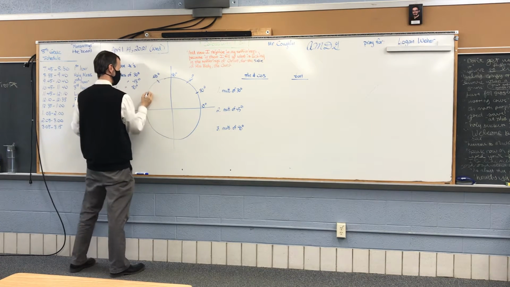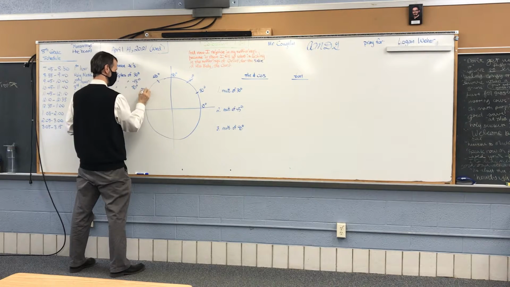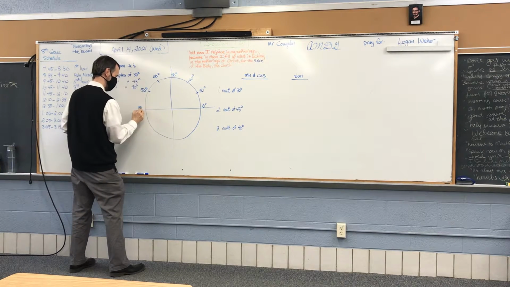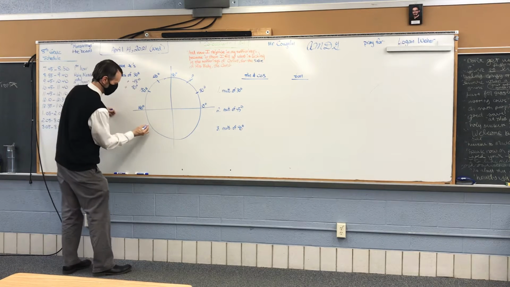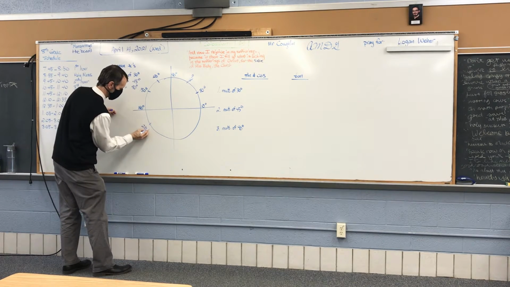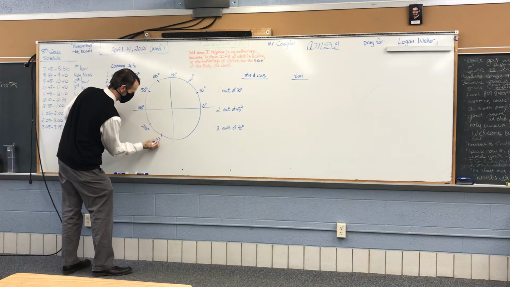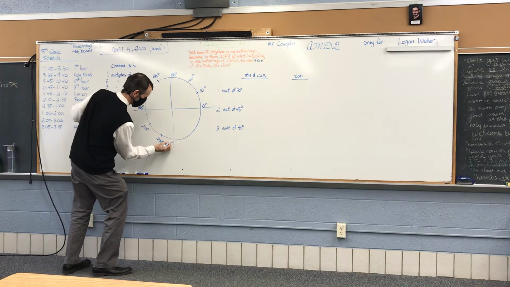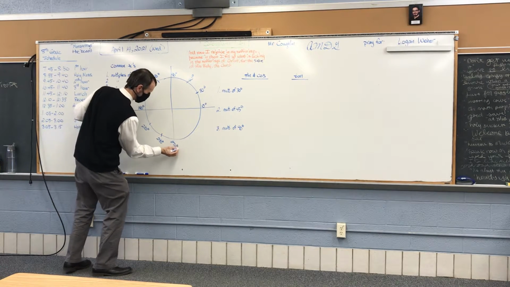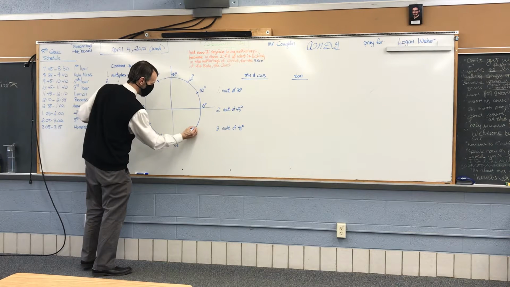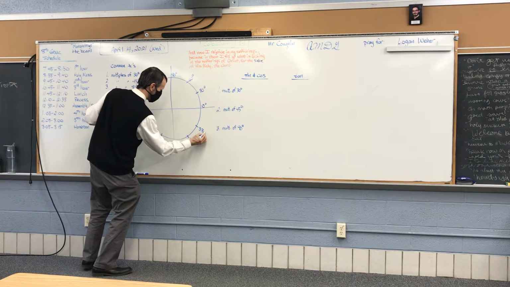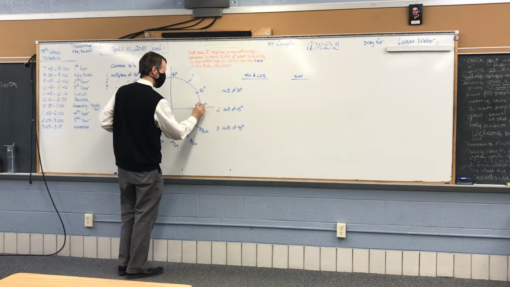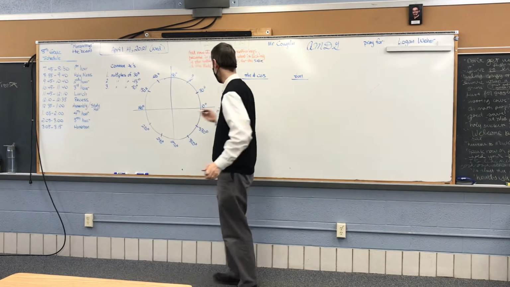Yep, keep going. Nice. Skip 180 because it's a multiple of 90. Keep going. 210. Nice. Keep going. 240. We can skip 270 because that's a multiple of 90. And then two more. 300 and 330.